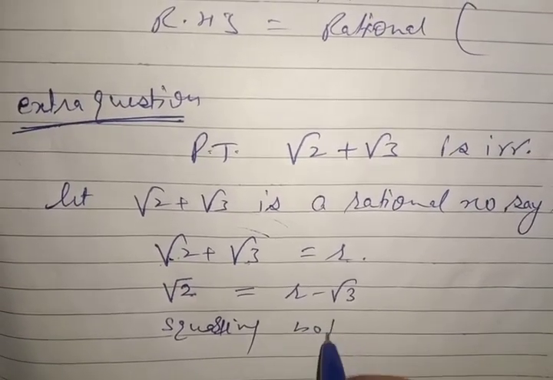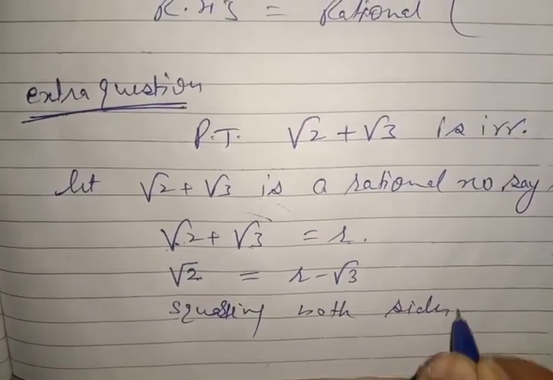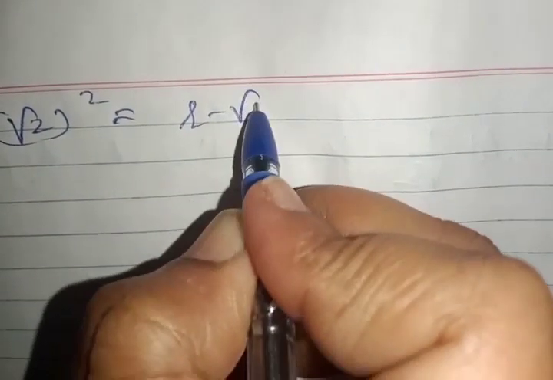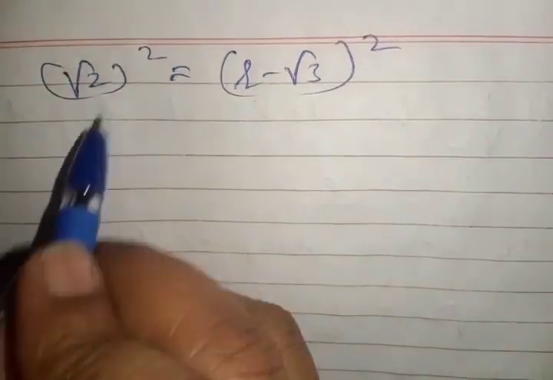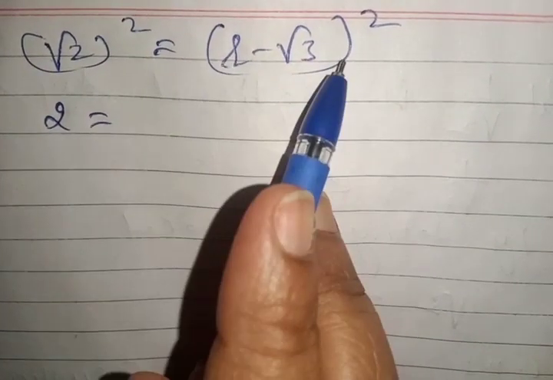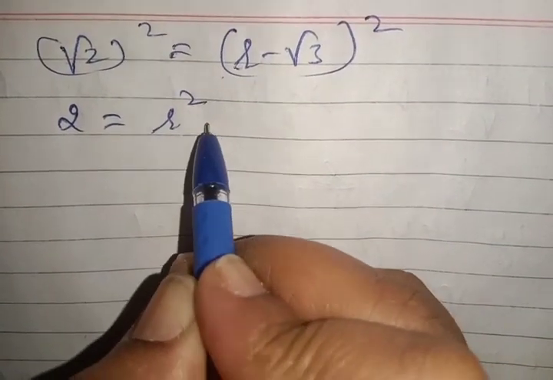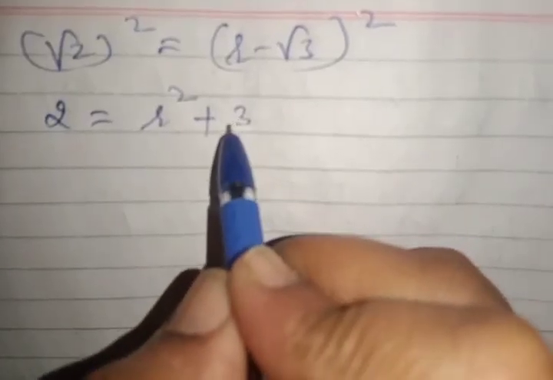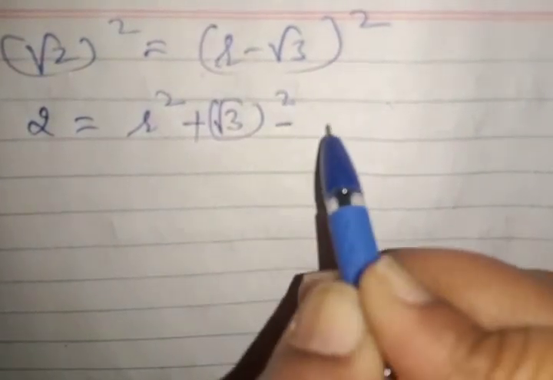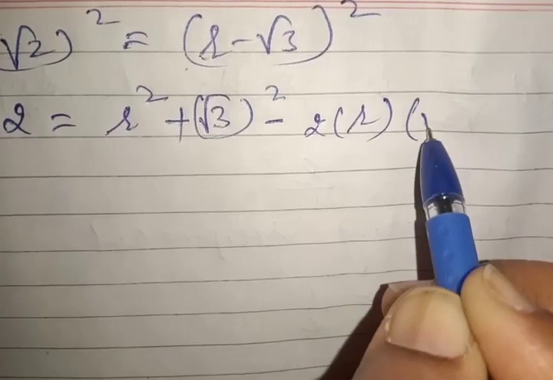Squaring both sides, you will get root 2 square equals R minus root 3 whole square. Root 2 square is 2, and R minus root 3 whole square, A minus B whole square, is A square plus B square minus 2AB.